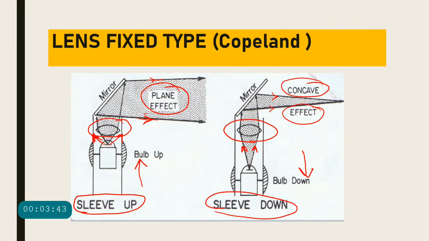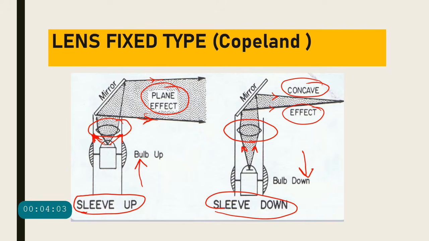So just remember that as the distance between the bulb and the condensing lens decreases, the rays become more diverging or parallel, and as the distance increases, the rays become more converging. Converging means concave mirror setting, and diverging means the plane mirror setting.